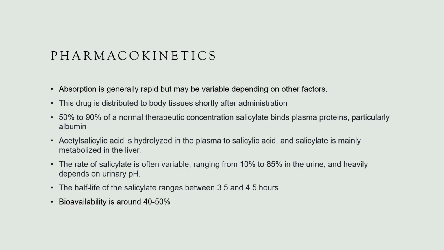Salicylates can be found in the urine soon after administration. However, the entire dose takes about 48 hours to be completely eliminated. The rate of salicylate excretion is often variable, ranging from 10% to 85% in the urine, and heavily depends on urinary pH.